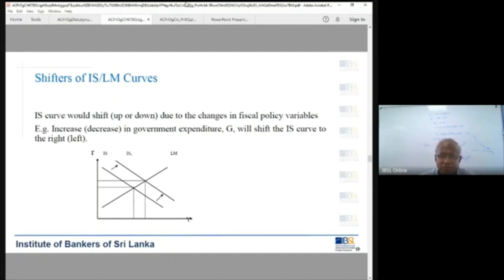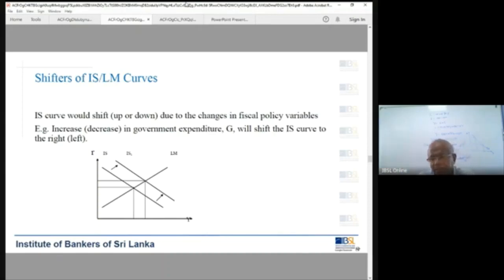A decrease in government expenditure will shift the IS curve to the left. The IS curve shifts up when government increases their expenditure. The IS curve shifts down if government decreases the expenditure.